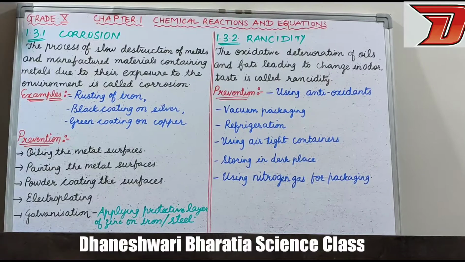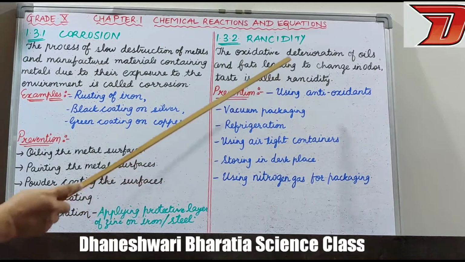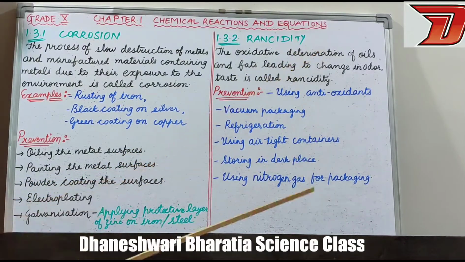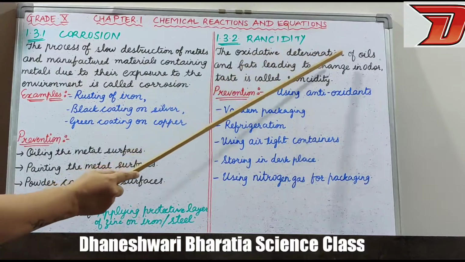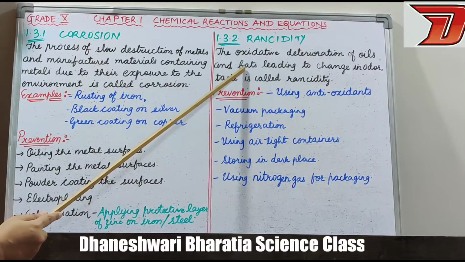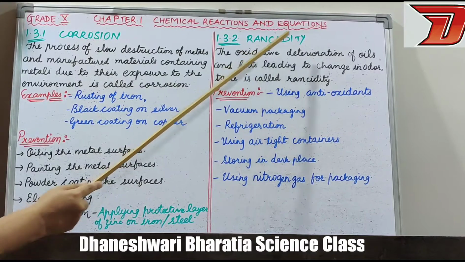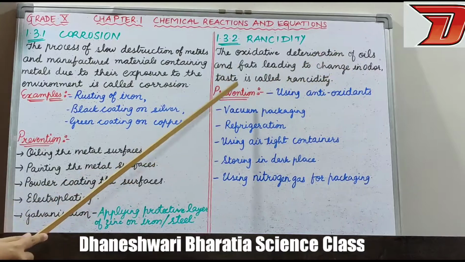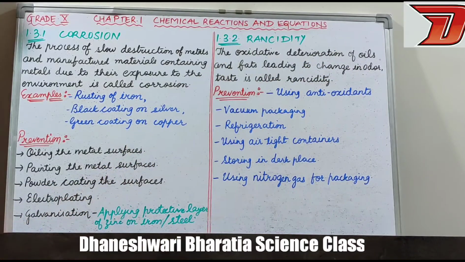This is also experienced in our day-to-day life, right? Where the oxidative deterioration. Deterioration means something is getting destructed. Deterioration of what? The oils and fats which are present in the food items that we eat. So this oxidative deterioration will lead to the change in the odor and taste of the particular food item.